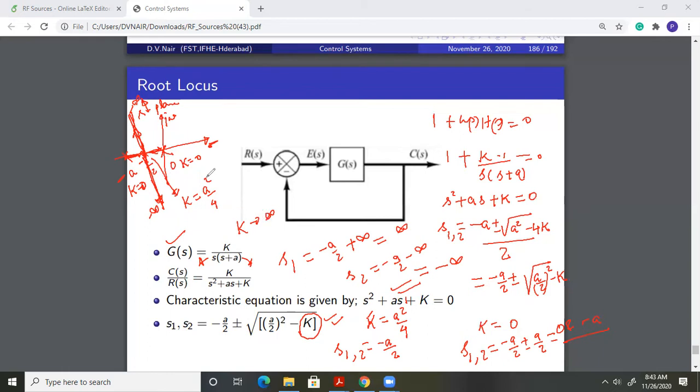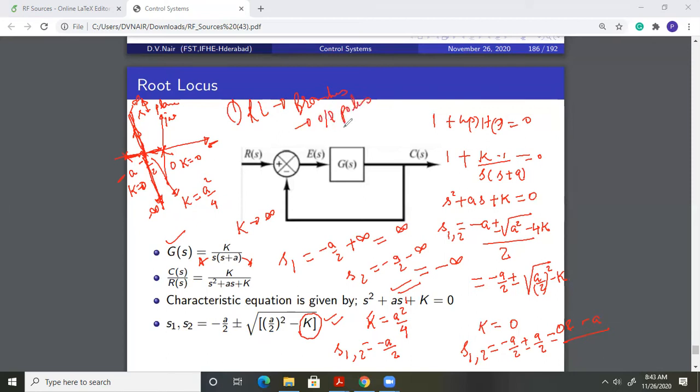But the points that we can carry from this discussion are something like this. One point we see is that the root locus has branches, and the number of branches is equal to the number of open loop poles.